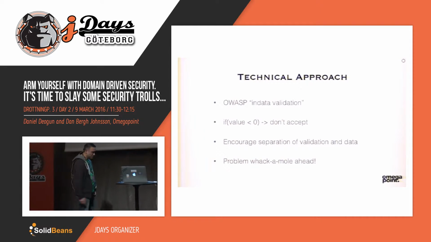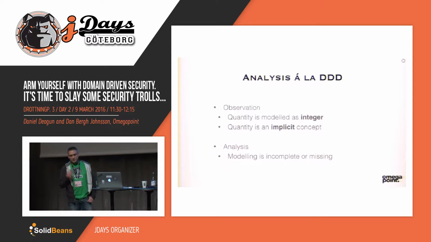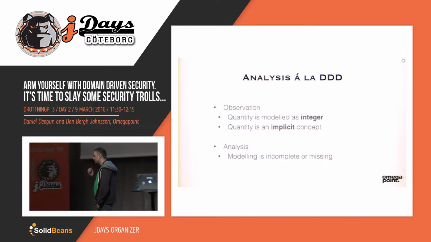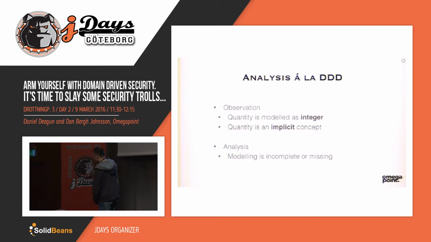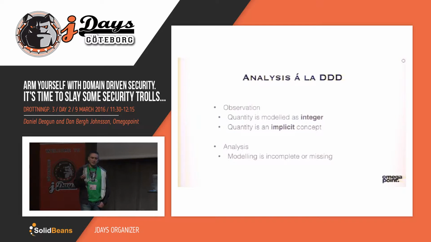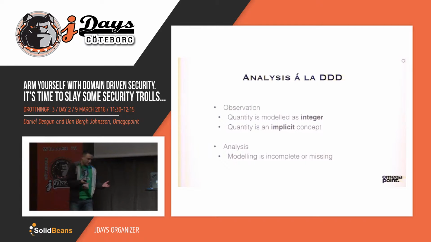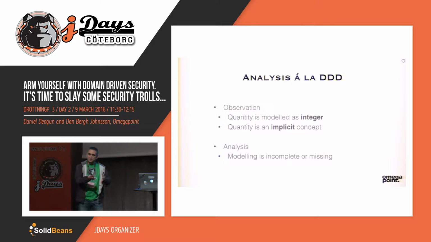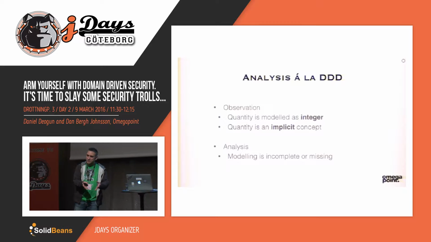Well, the DDD approach is a little bit different. First of all, the analysis that we can do is that -1 is somehow modeled as an integer, or at least treated just as an integer. And apparently, this concept of a quantity is an implicit concept in this particular application.